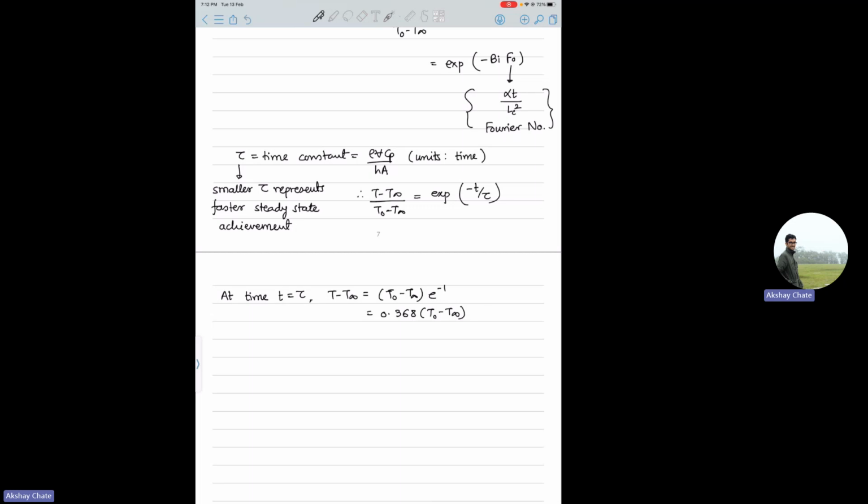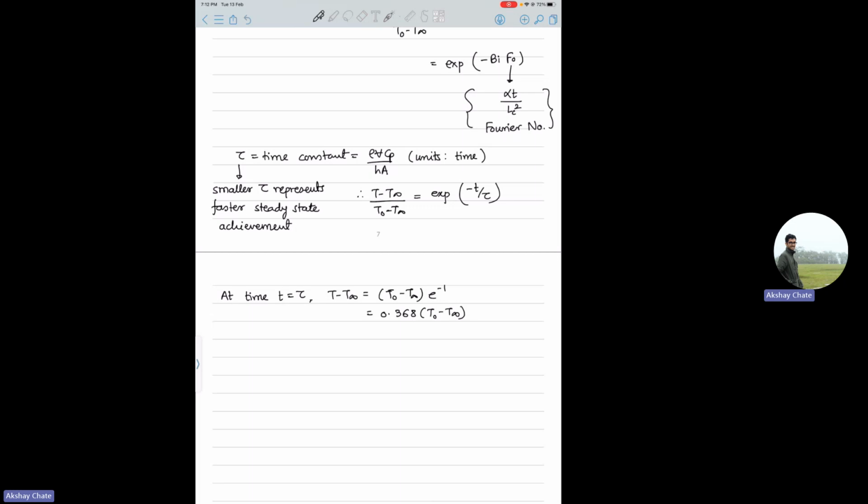But from the question's point of view, you should remember that smaller the time constant, better it is. And why so? Because the classic example is of thermocouples. Thermocouples are instruments that are used to measure temperature in any experiment setup. A thermocouple has two wires of different materials welded together at the end, which is called the bead of the thermocouple.